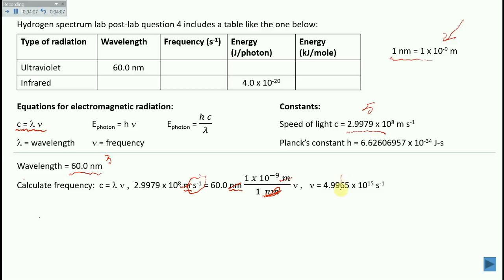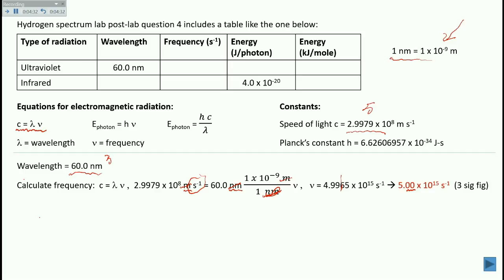So I need to cut off my final answer right here. The next digit to the right of that line is a 6, so I want to round up. So my final answer is 5.00 times 10 to the 15th seconds to the minus 1. Remember that trailing zeros right of the decimal are significant, so that number has 3 sig figs.